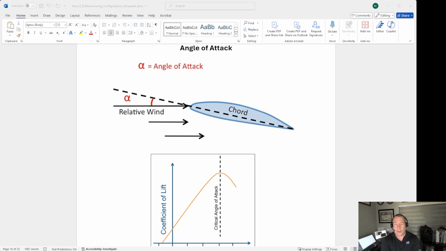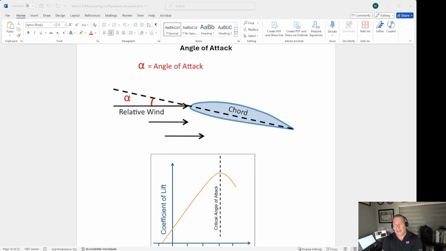The chord line, of course, is the line drawn directly from the rearmost part of the airfoil or the wing and the very front part of the wing. So it's depicted here with a red line that shows the angle and the alpha or angle symbol, and that's typically measured in degrees. The number of degrees of that angle are not depicted here, but that's not really important right now.